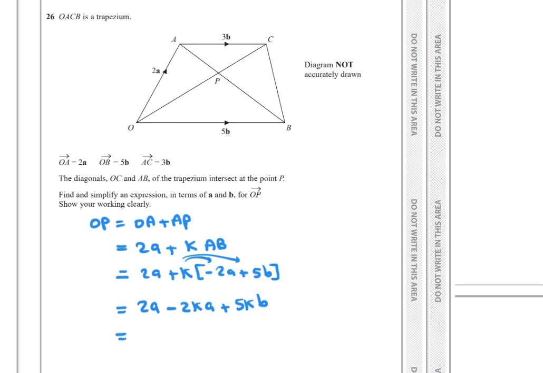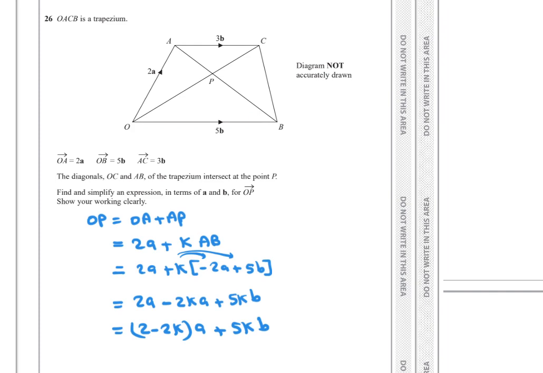We can combine the like terms, 2a and negative 2ka. So (2 minus 2k) into a plus 5kb. This is OP.